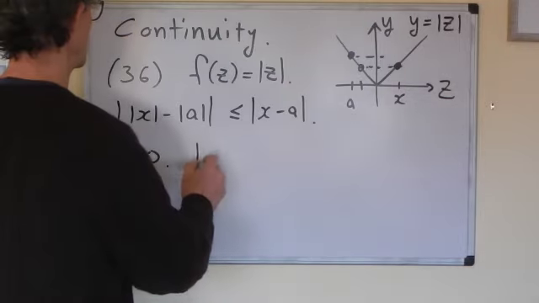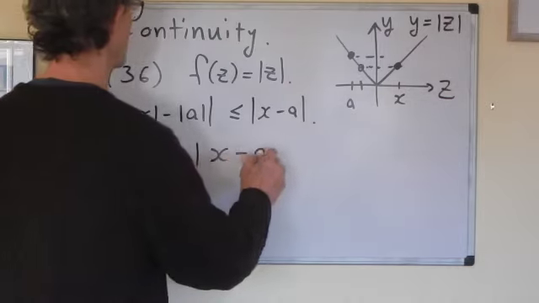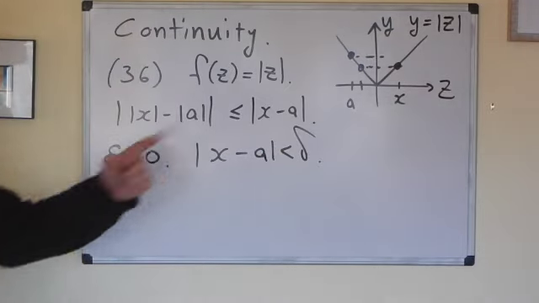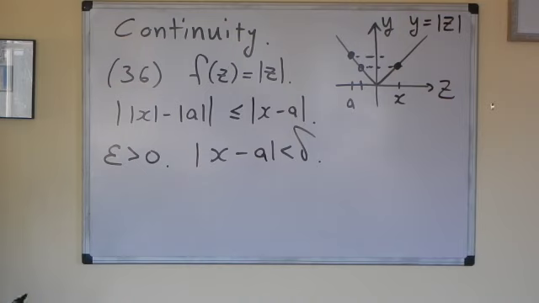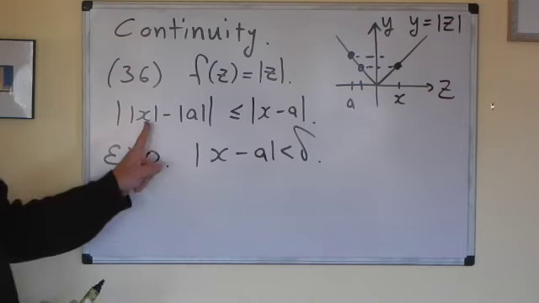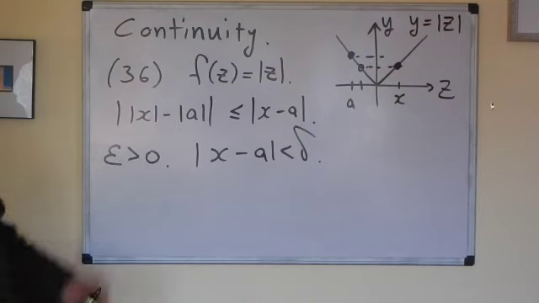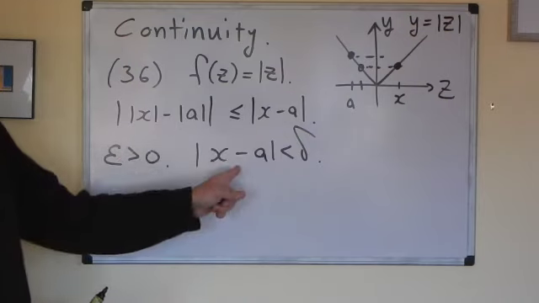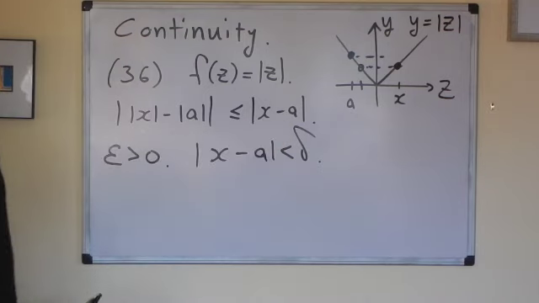And we wanted to show that that's true when the distance between the 2 points at which the function is evaluated is less than delta. In this case, it's pretty obvious that the distance between the values of the function is less than the distance between the points.